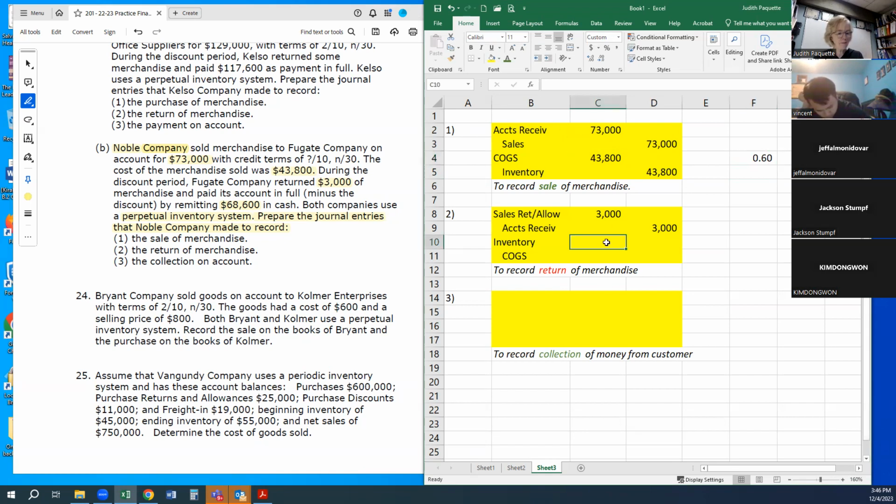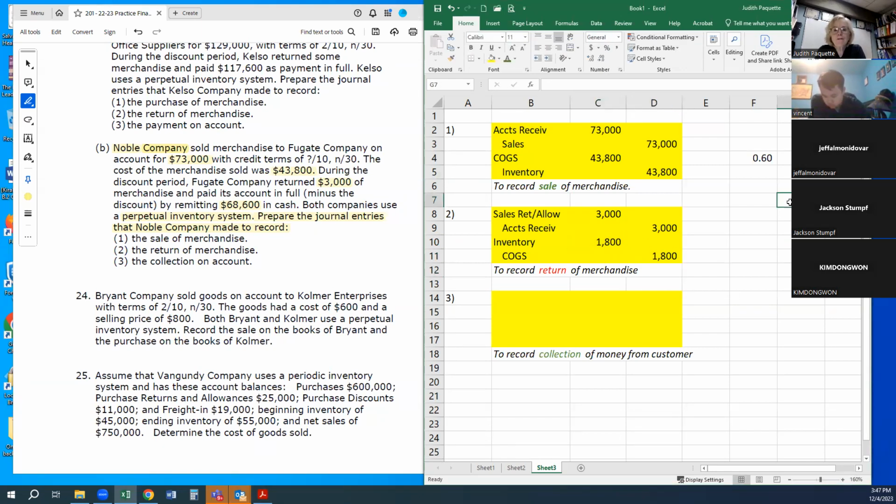So we're going to do the same thing down here because it's the same inventory. If it's 60%, then 0.60 times 3,000, and we're going to get 1,800.